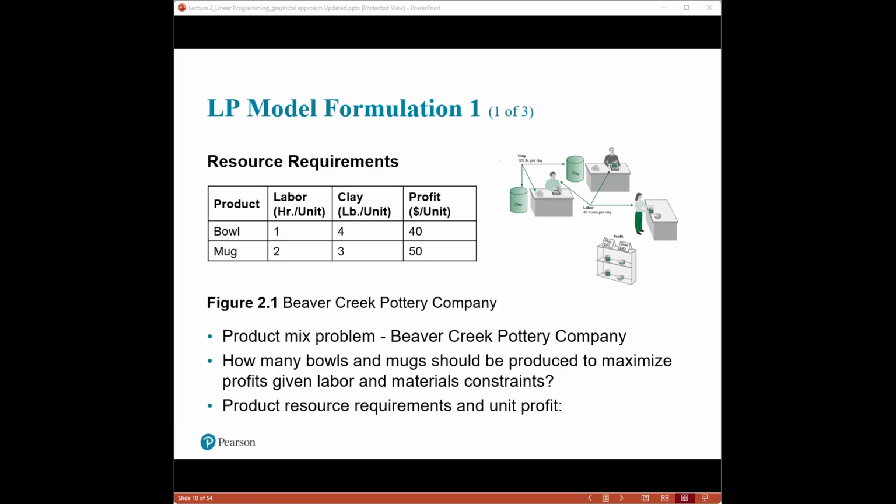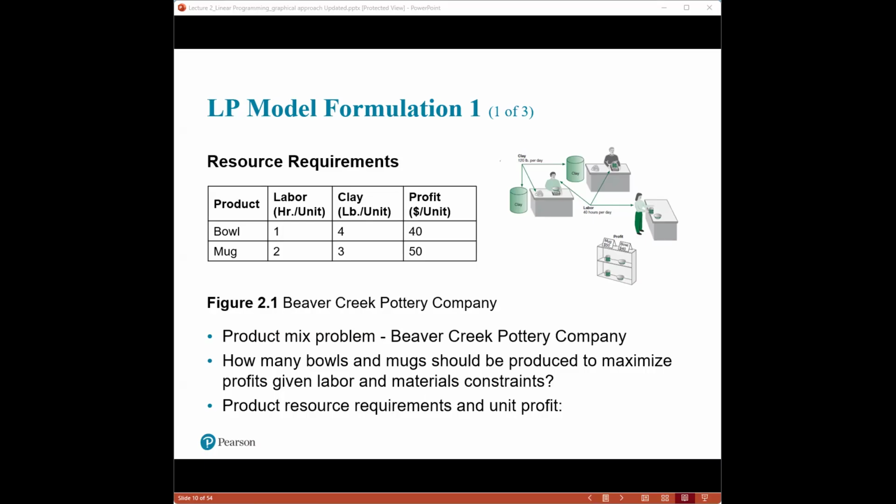Should be less than or equal to 40. So, 1 X1 plus 2 X2 should be less than or equal to 40. That's the labor constraint.